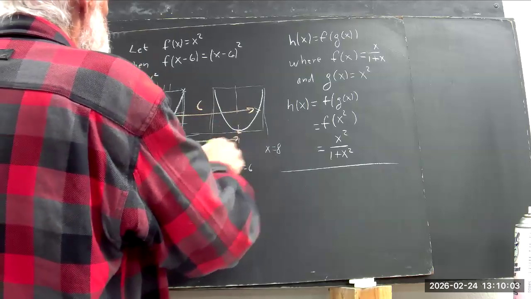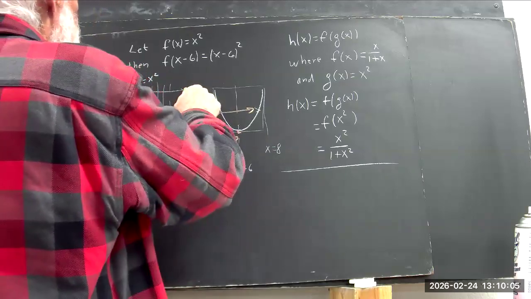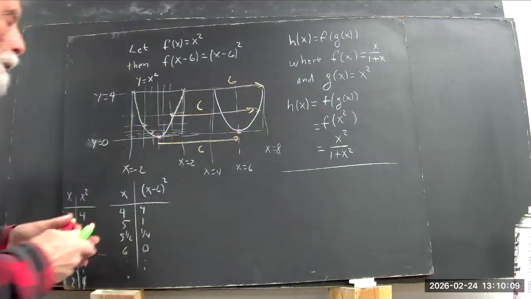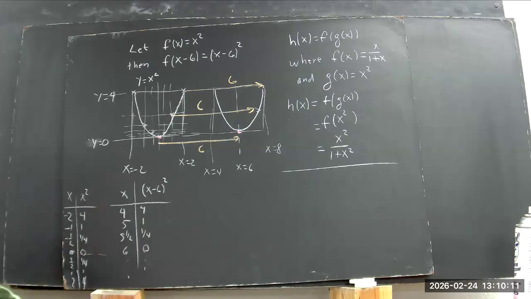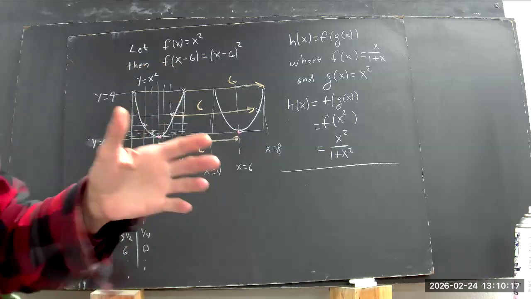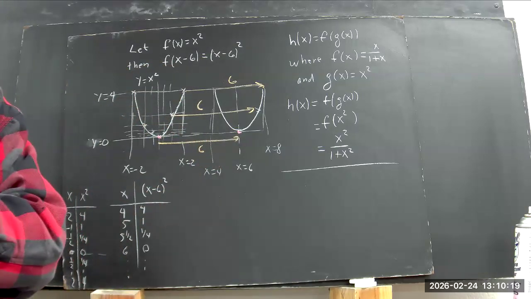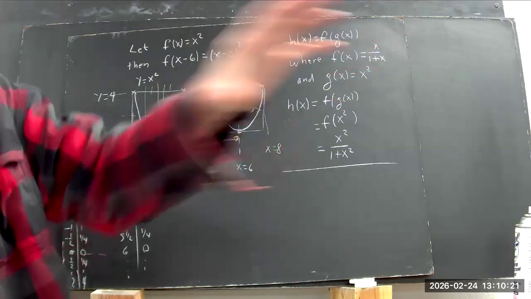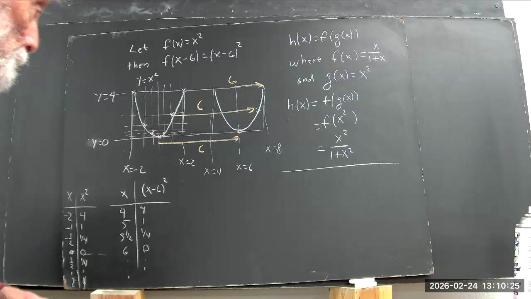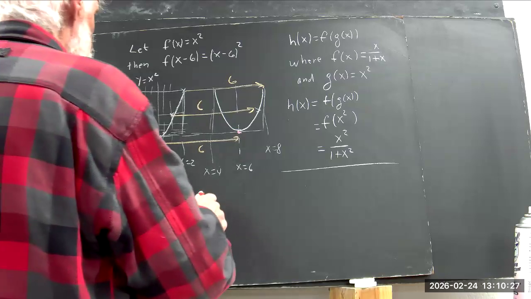This point moves 6 units to the right. This point moves 6 units to the right. Every point moves 6 units to the right, which means that if I replace x by x minus 6, whatever graph I'm doing, the graph is going to move 6 units to the right.